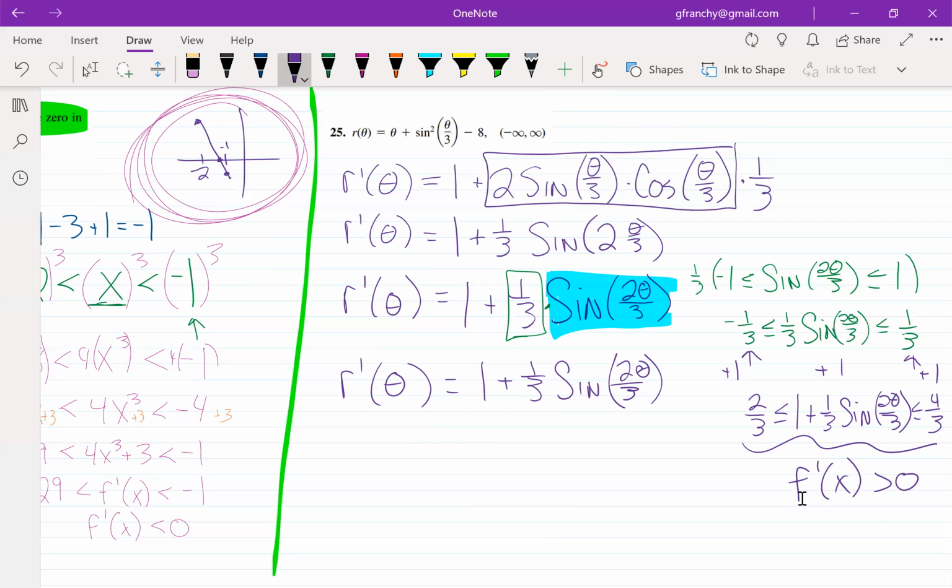So this is a strictly increasing function.